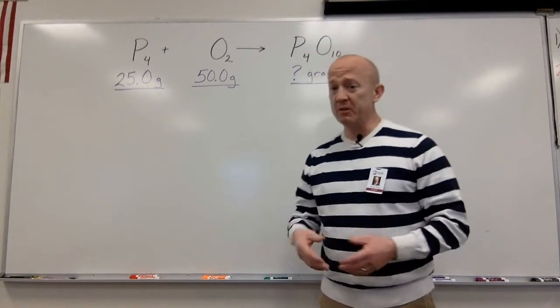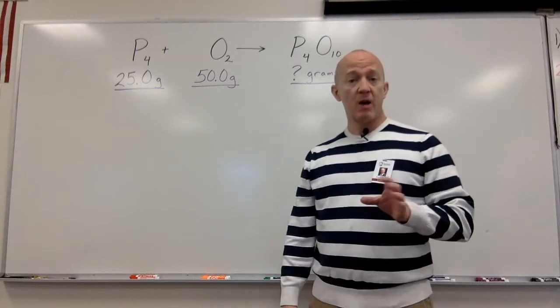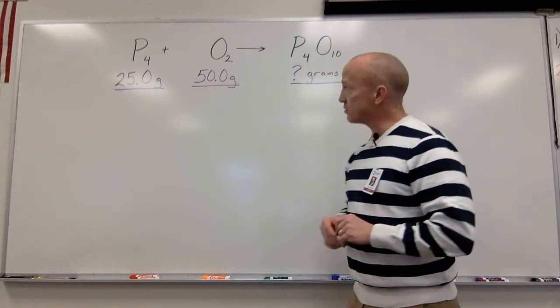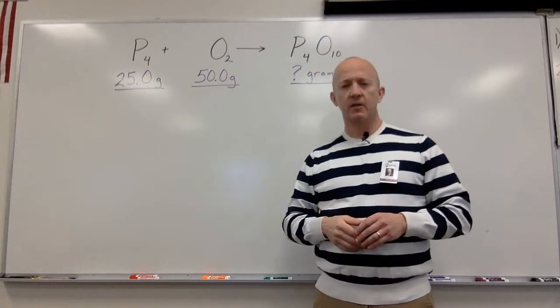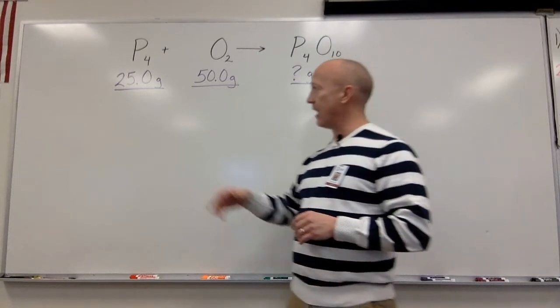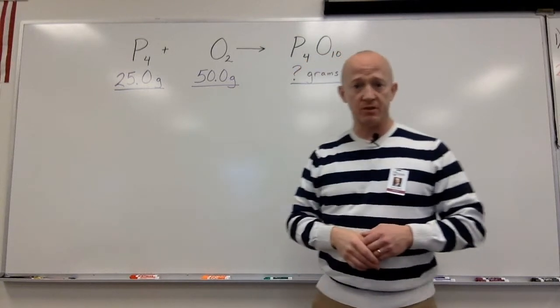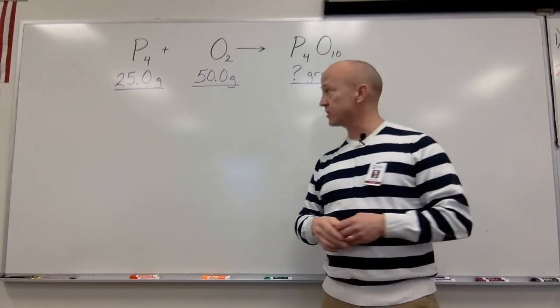We're not always going to be told which reactant is limiting and which reactant is in excess. So how do we figure that out? Let's use this reaction as an example. The reaction between phosphorus and oxygen to make tetraphosphorus decoxide. Let's say that we're given a problem in which we have 25 grams of phosphorus and 50 grams of oxygen, and they want to know how much product we can make from those conditions.